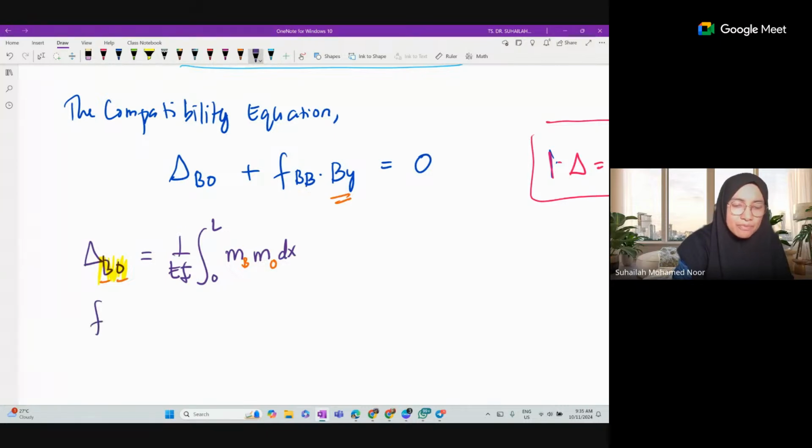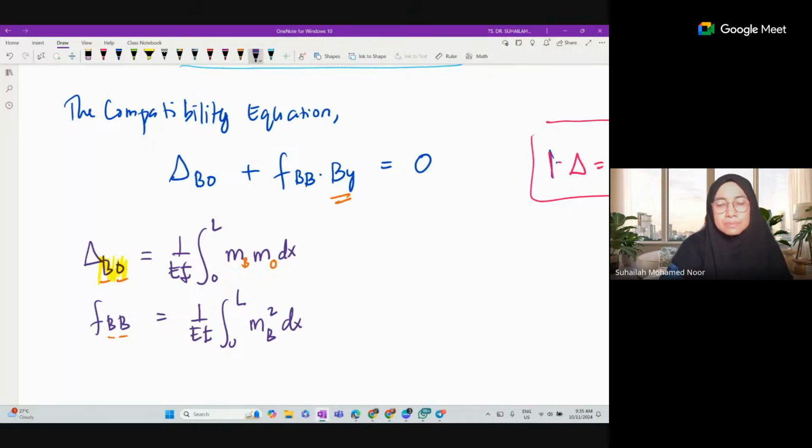FBB is also a displacement. This is due to a unit value of the redundant. Again, the same formula from 0 to L, two moment equations, but this time it is BB, 2 times B, which means we have MB times MB, which is MB squared, dx.